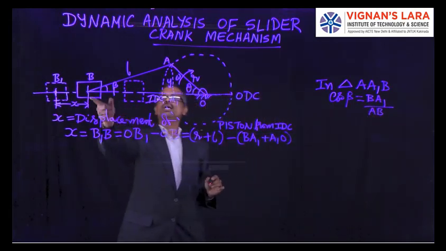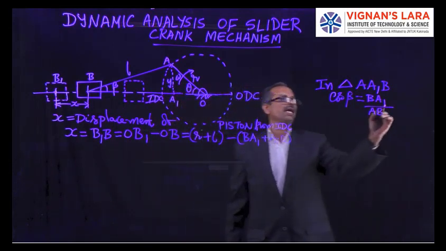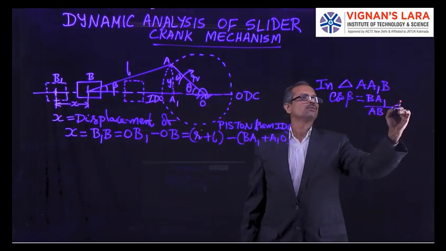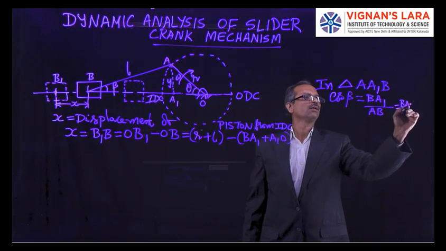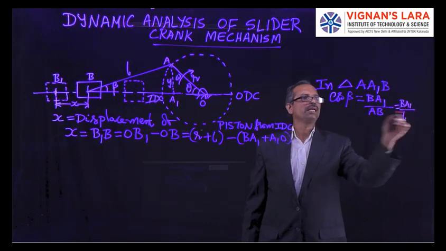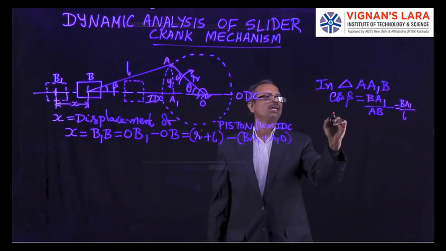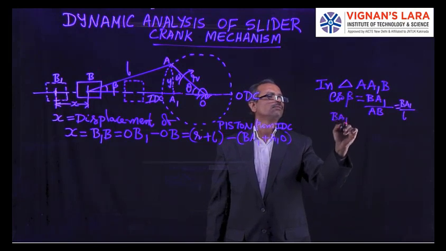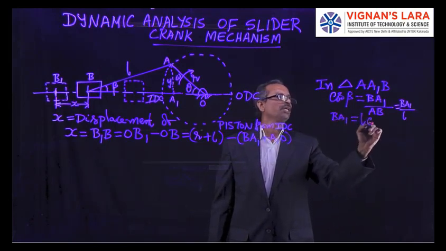What is AB? AB is L. So BA1 by L is cos beta, or BA1 is equal to L cos beta.